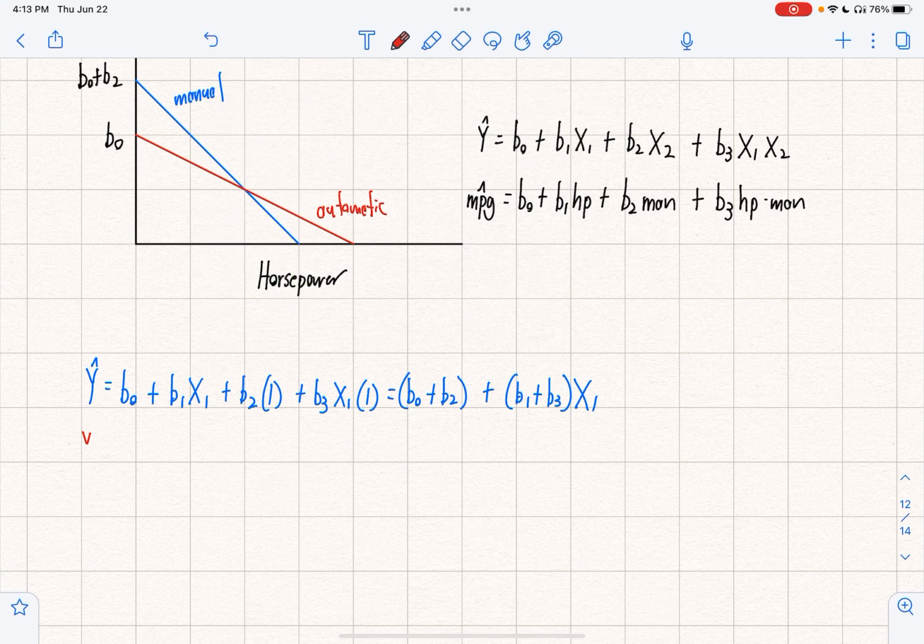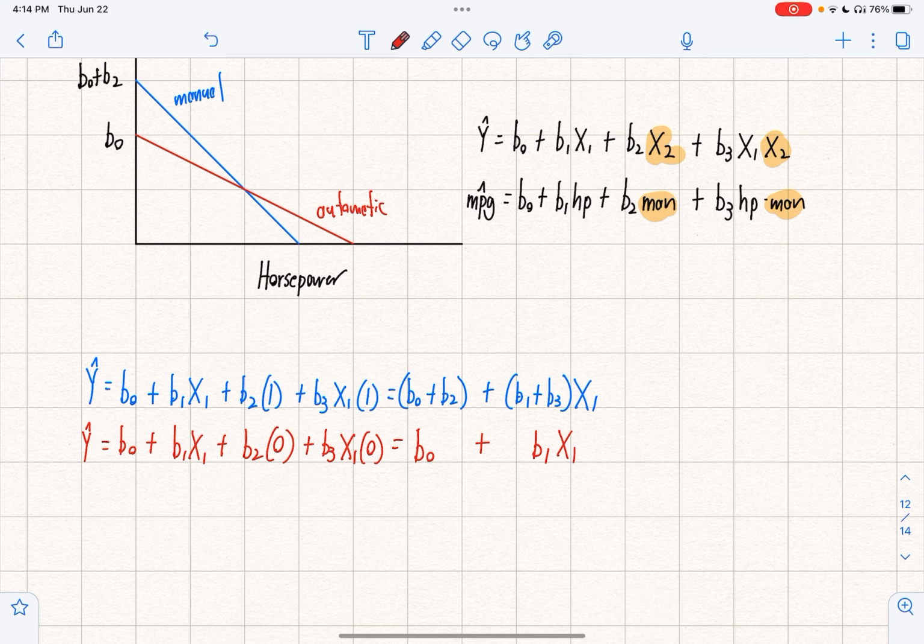Now let's do the same thing for automatic. We have y hat equal to b naught plus b1 x1 plus b2 times 0, because we're now talking about automatic, so x2 is equal to 0, plus b3 x1 times 0. When we simplify that, we just get b naught plus b1 x1.